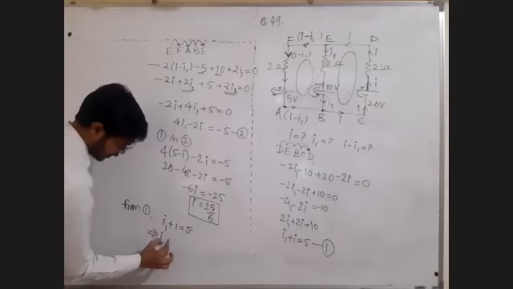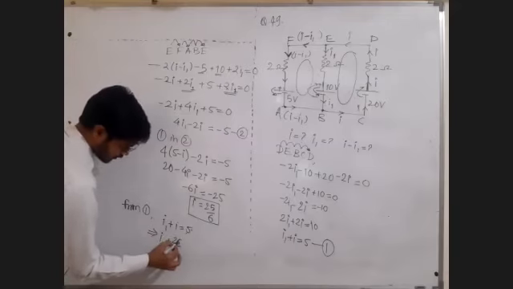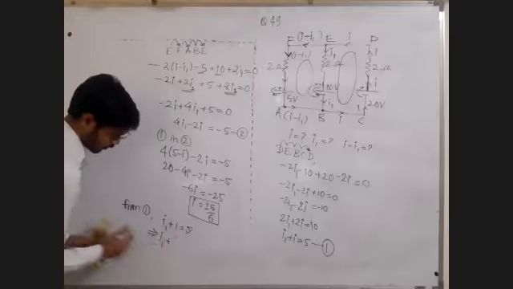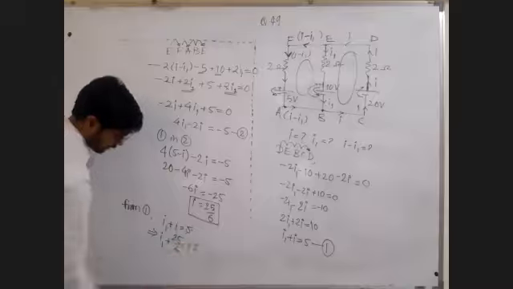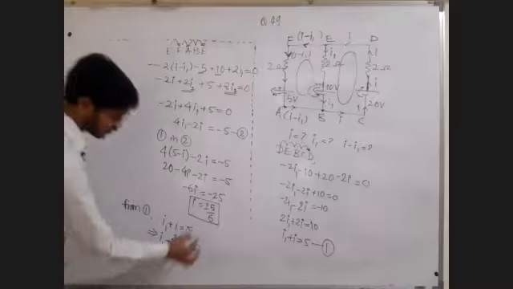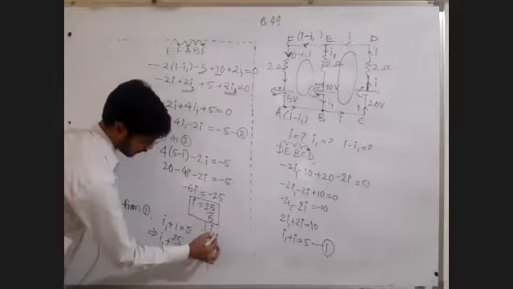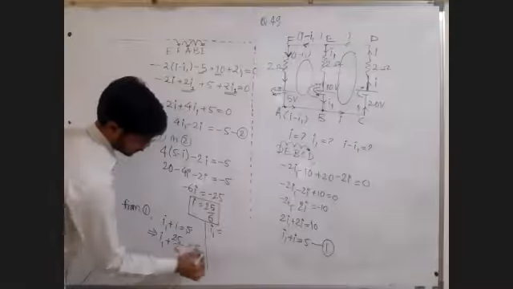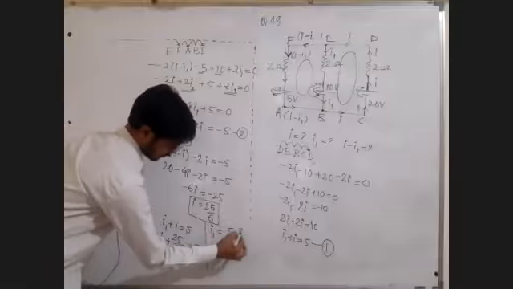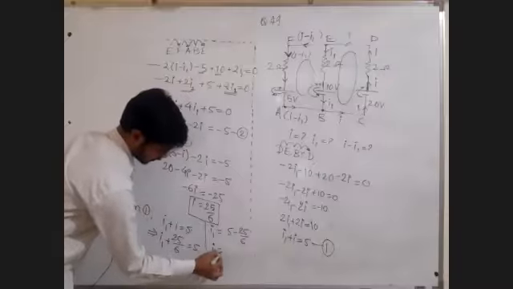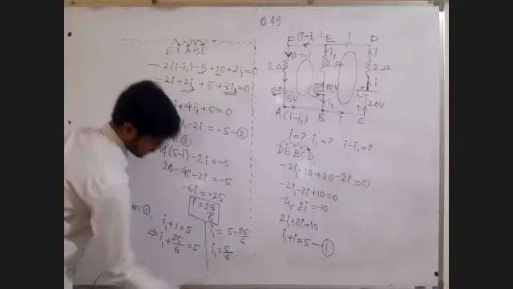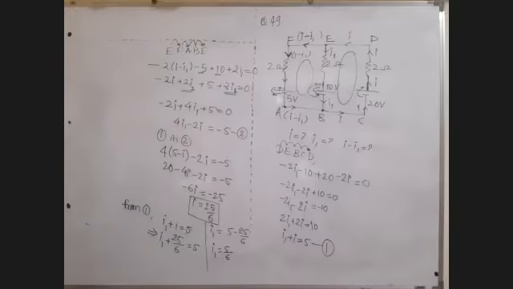I1 plus I, where I is equal to 25 upon 6, is equal to 5. So I1 will be equal to 5 minus 25 upon 6. So I1 will be equal to 5 by 6.